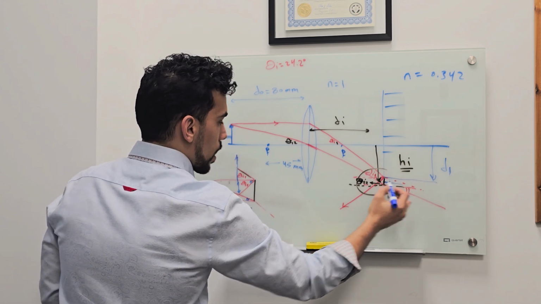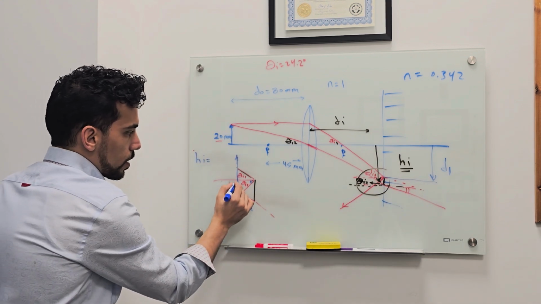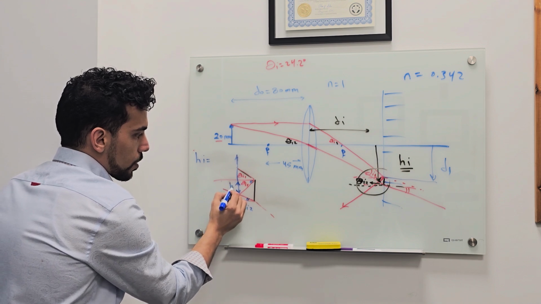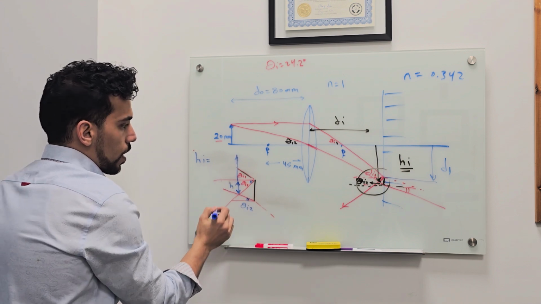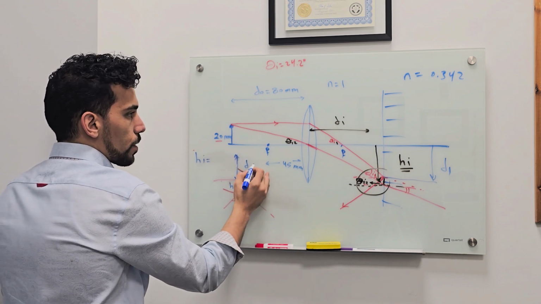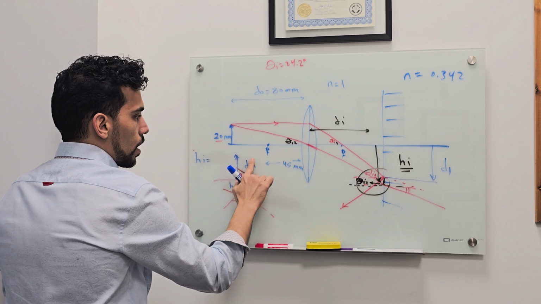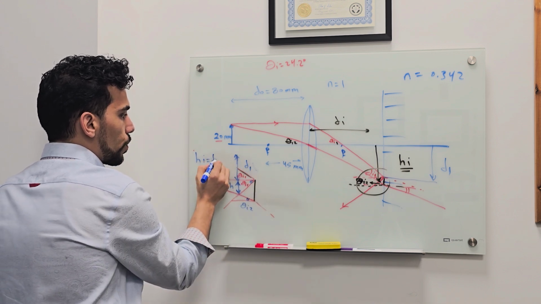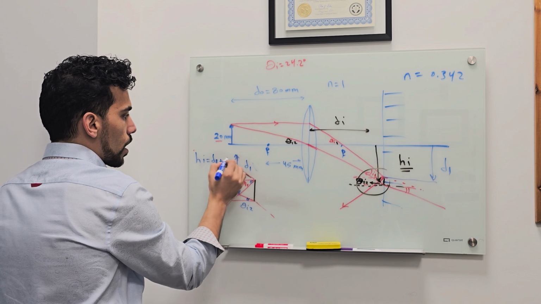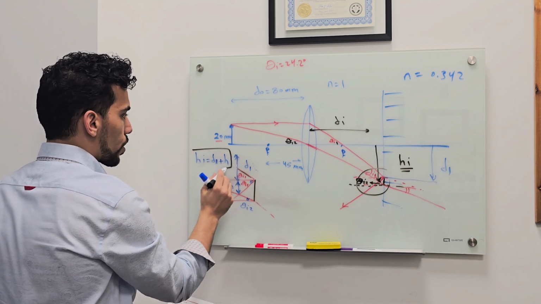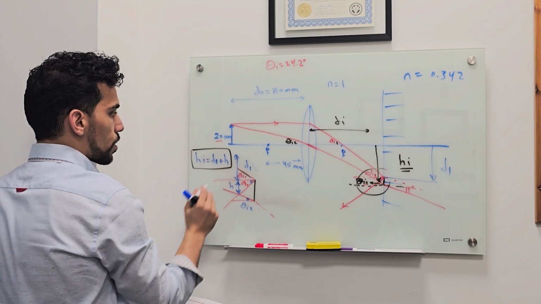Then let's say that this additional height, this small one, is equal to h. So the height of the image is going to be equal to D1 plus h. So this is what we need to compute right now, D1 and h.